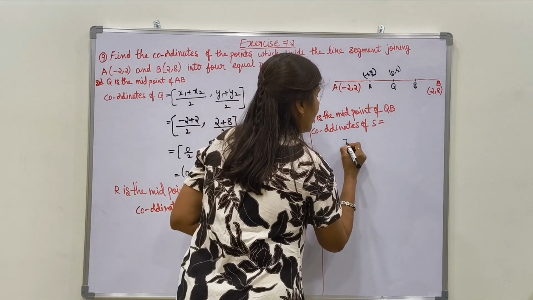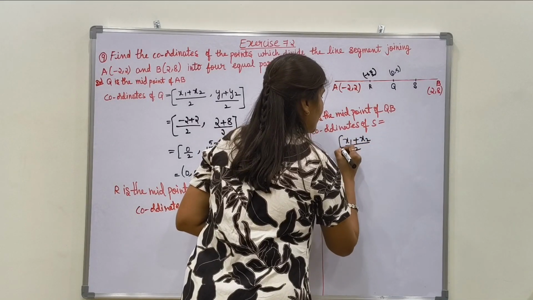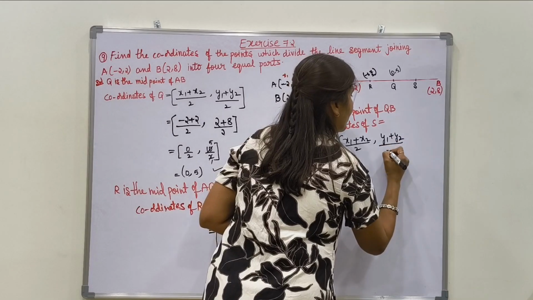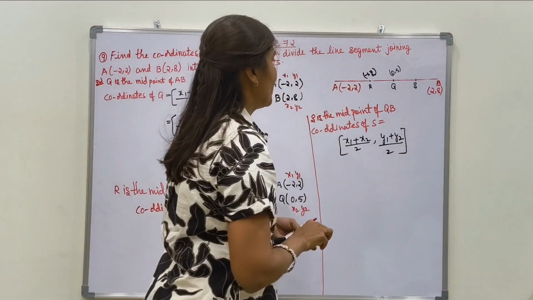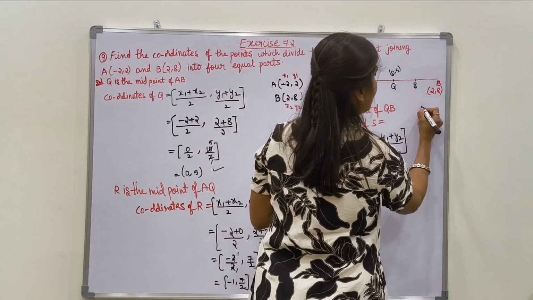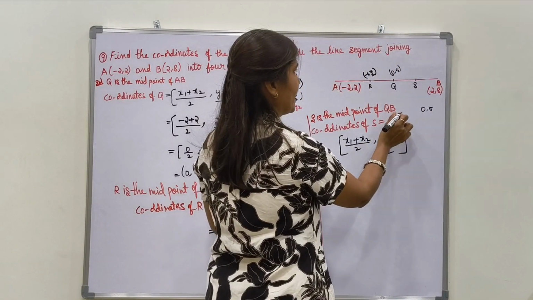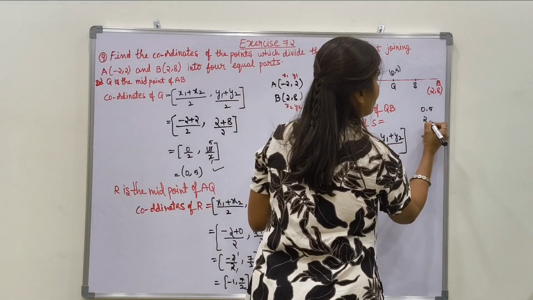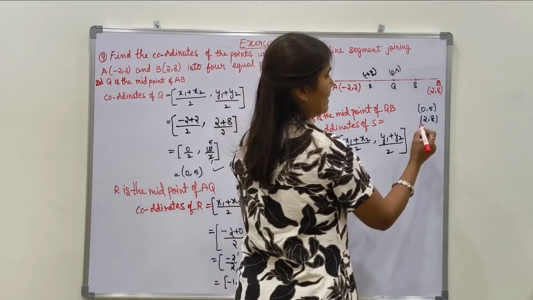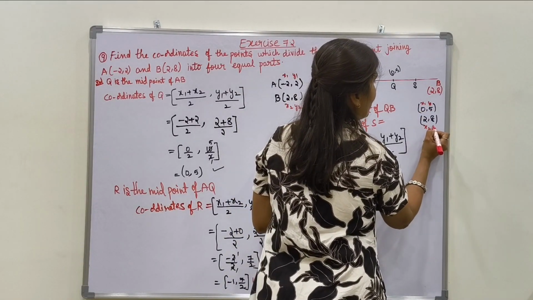What is the formula? x1 plus x2 by 2, next y1 plus y2 by 2. See, now we will write Q and B coordinates. So don't confuse. Q coordinates are 0, 5. And next B coordinates are 2, 8. So here, what is x1? What is y1? This is x1, y1. This is x2, y2.